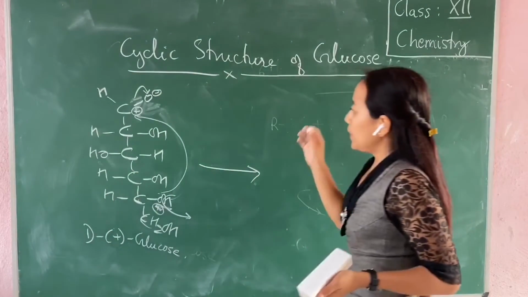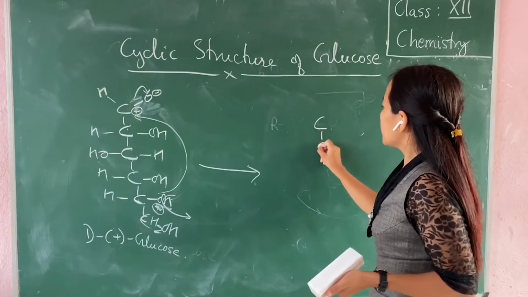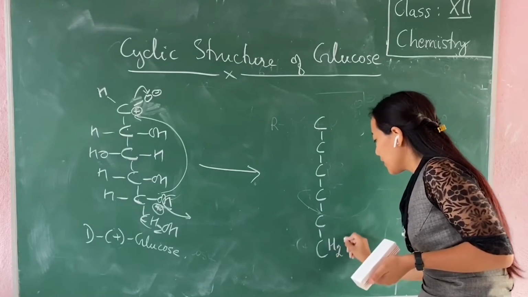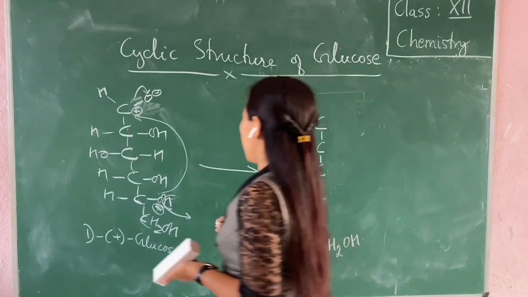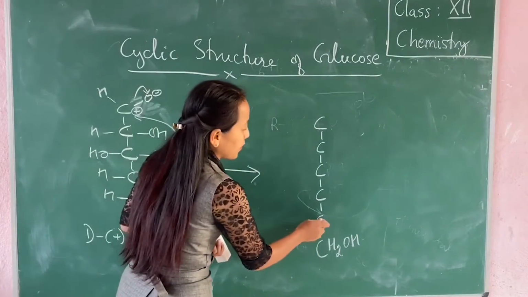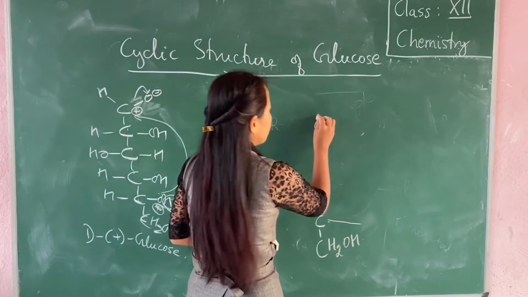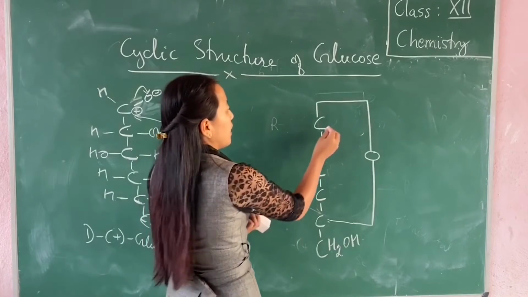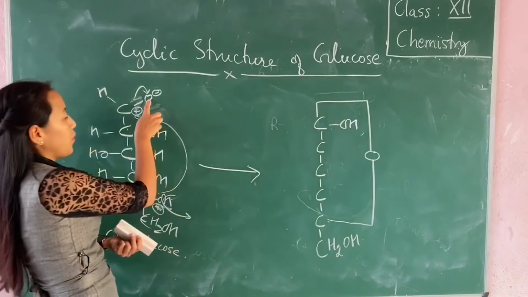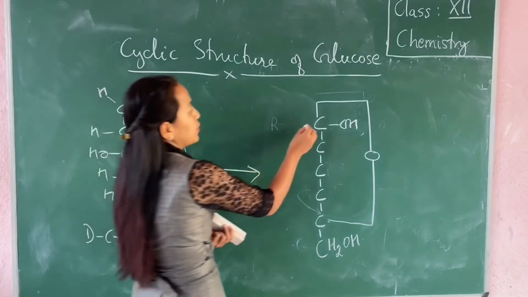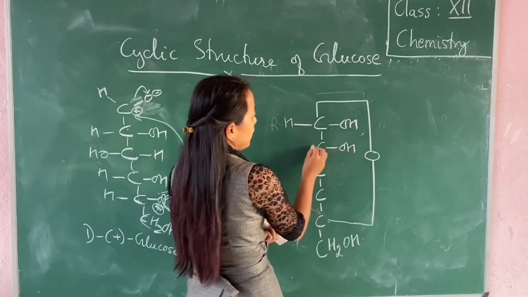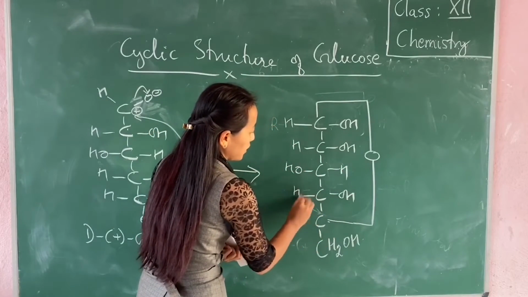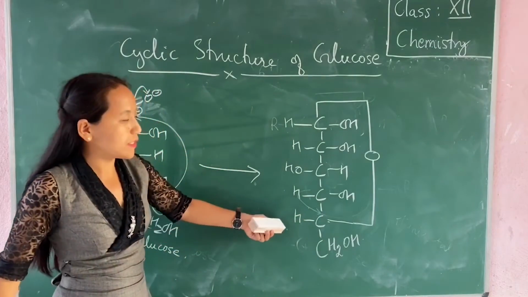Now I will write down the complete cyclic structure. First, second, third, fourth, fifth, and the sixth carbon atom has a CH2OH. Now what happens is, the fifth carbon atom will form a bond with the first carbon atom through its oxygen, and this will have an OH because this O picks up the H plus from here, and you have your hydrogen, OH, H, and then OH, H, OH, and H, and then you have your H. Now this is the cyclic structure of glucose.